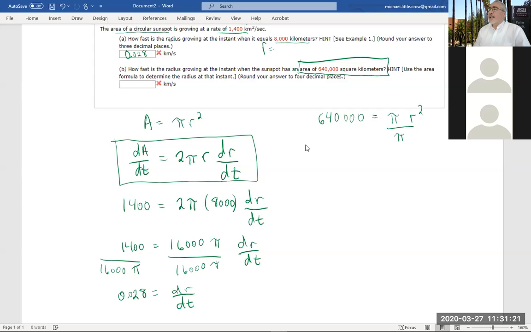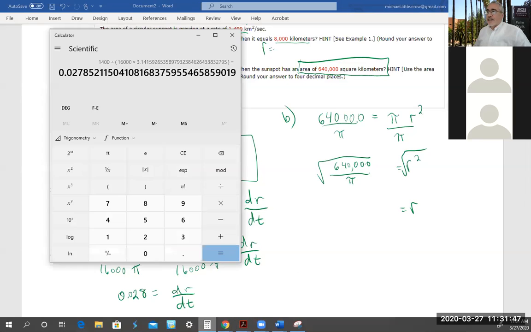So for the B part, divide both sides by pi, and then take the square root of both sides. And we'll take the positive square root because a negative square root won't have any meaning in this question.